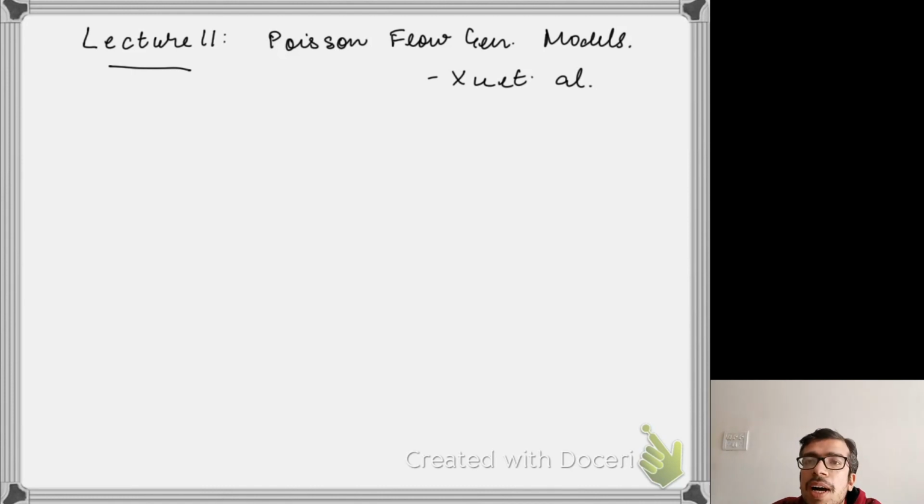So first of all, the idea of this paper is that, as in many other generative models, the idea is to start from one simple distribution and transform it to the data distribution you want. Right?